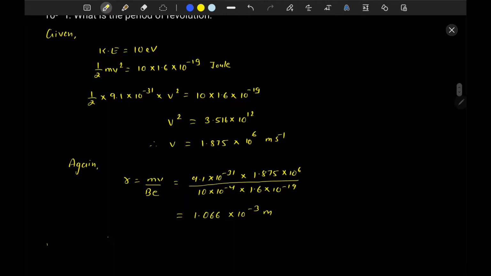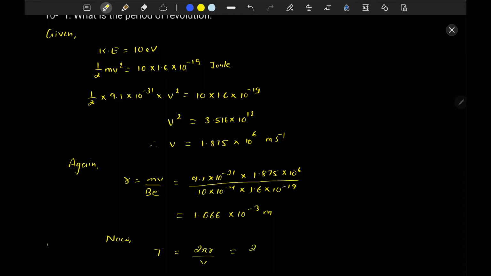Now the time period for revolution is given by the circumference of the circular path by velocity.